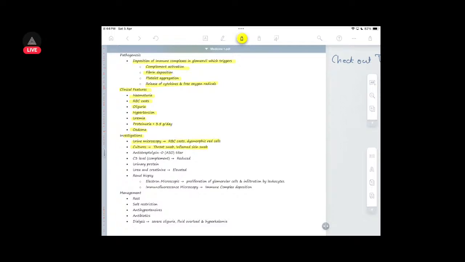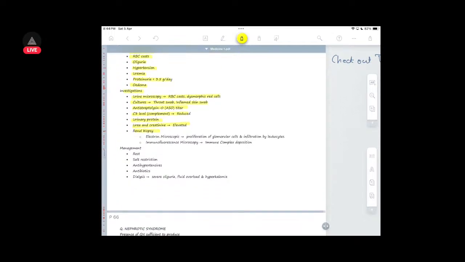Culture of throat swab and inflamed skin, antistreptolysin O. C3 complement level will be reduced, urinary protein can be there, and urea and creatinine will be elevated. On renal biopsy, electron microscopy shows proliferation of glomerular cells and infiltration by leukocytes. Immunofluorescent microscopy will show immune complex deposition.